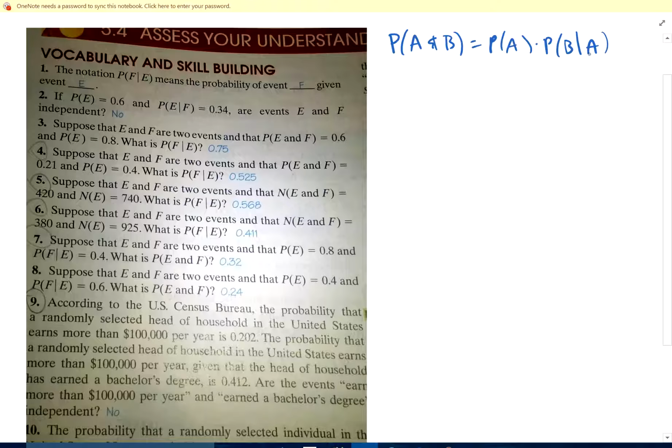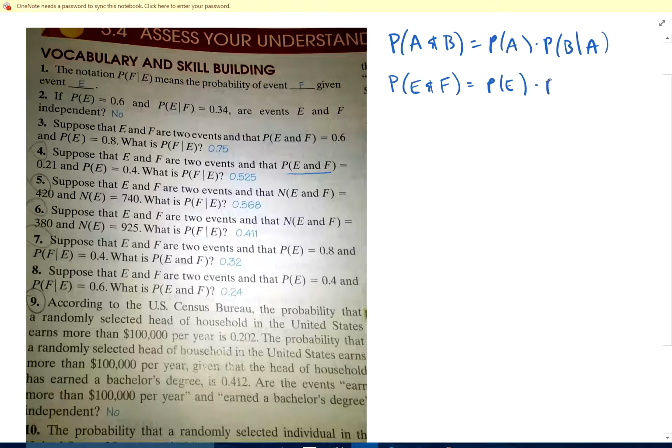So on 4, we've got E and F are two events. They tell us what E and F is, what E is, and what F given E is. So if we write this in terms of E's and F's instead of A's and B's, I can write this two different ways, so I want you to see this.